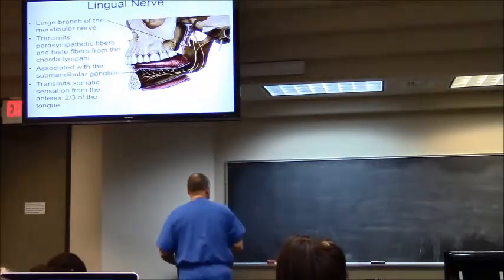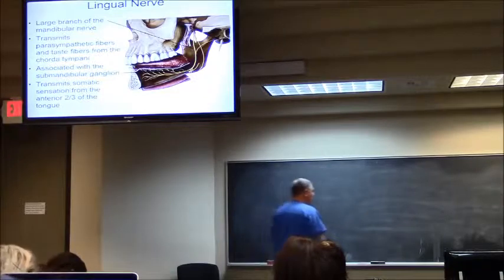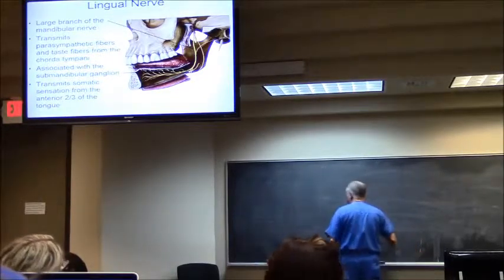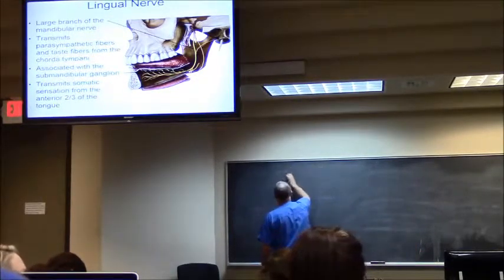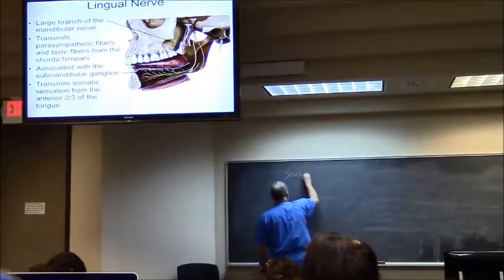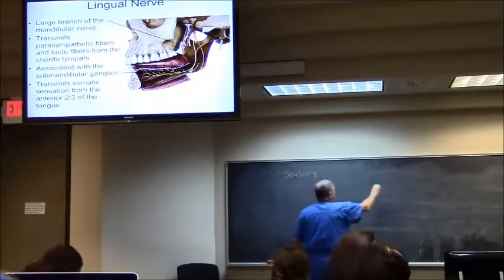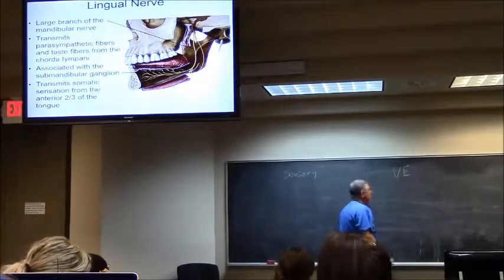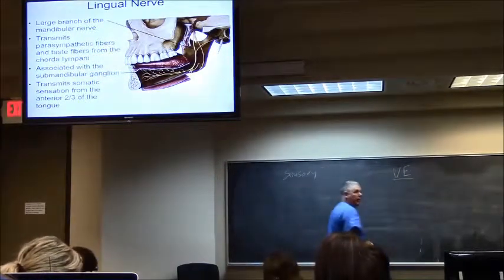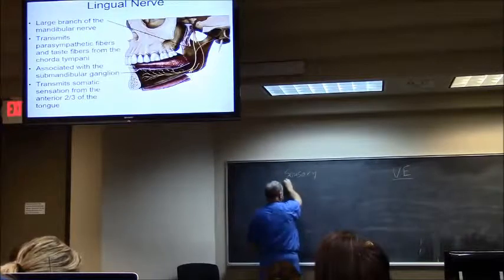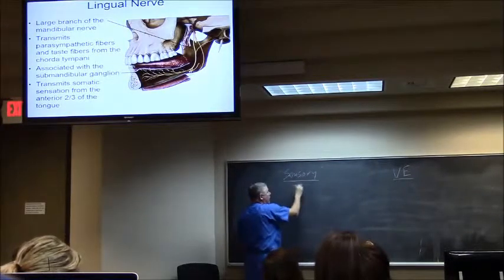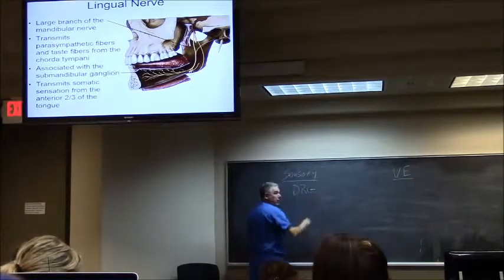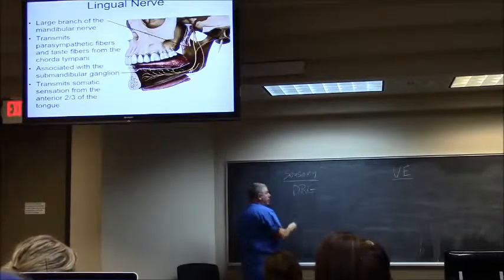So, if we summarize, and then we'll take a break here. Sensory, visceral efferent. And we're talking ganglia here. You know the sensory ganglia, or the dorsal root ganglia, right?